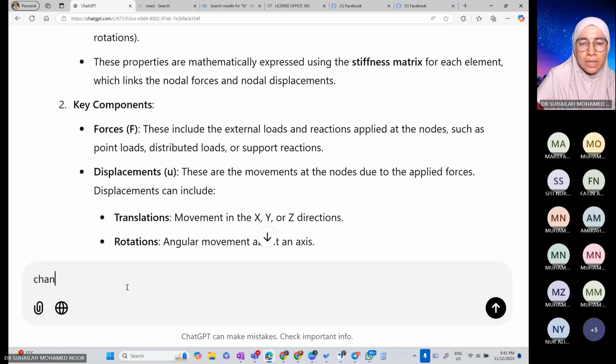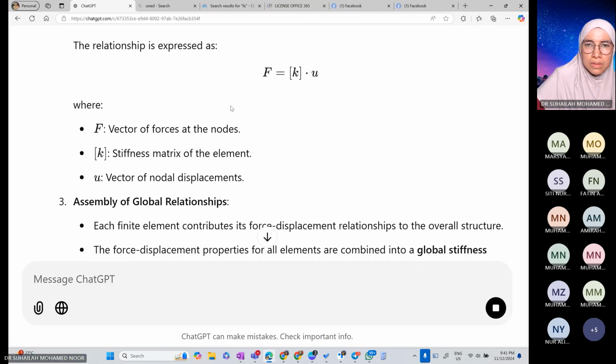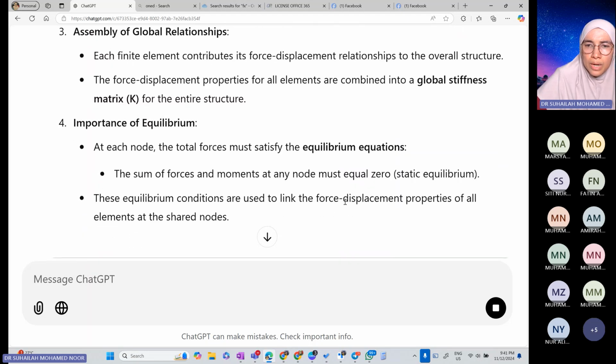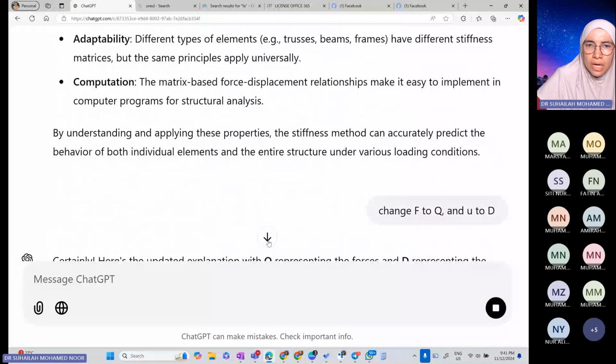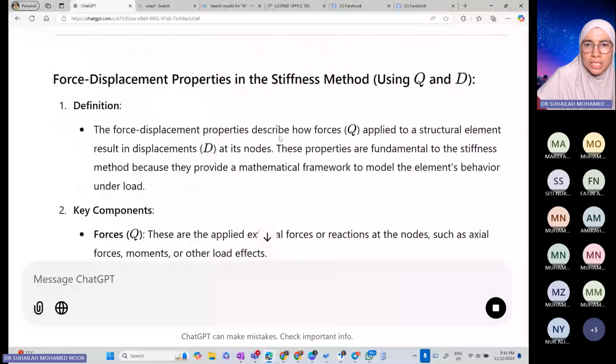Change F to Q, F to Q, and U to T. Okay, sebab dia bagi sini F dengan U. So, I want the response in terms of Q and D. Okay, force displacement properties.